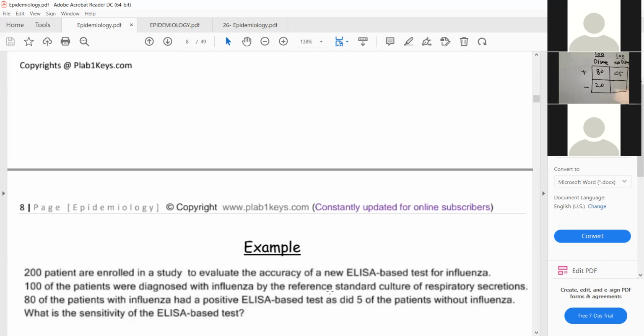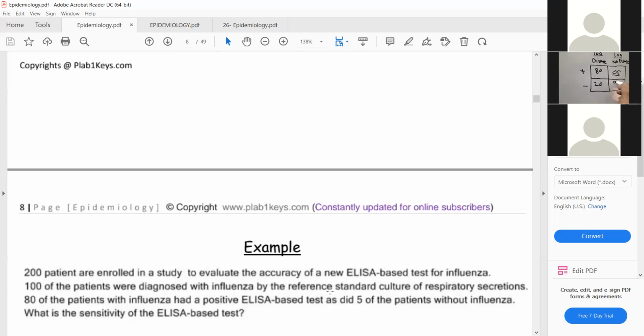But out of these 100, 5 still have a positive result, so we'll write them here. False positive, because they don't have the disease, but their screening test is positive.